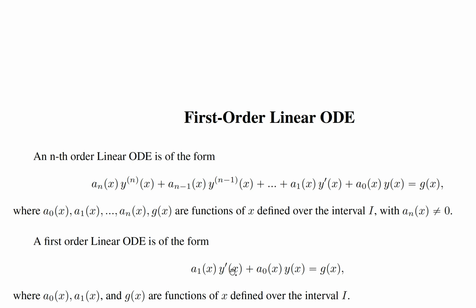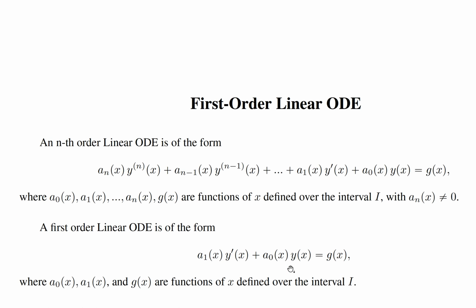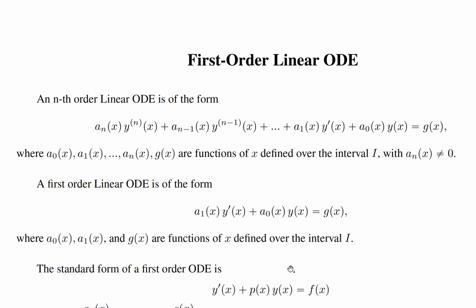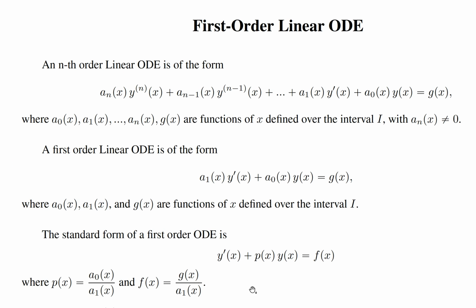And for this linear ODE, since a1 of x is not equal to 0, we can actually divide it by a1 of x to obtain what is called the standard form. So this first order linear ODE is equivalent to the standard form, where p of x is a0 over a1, whereas f of x is g of x over a1 of x.